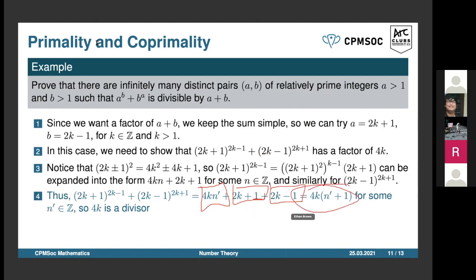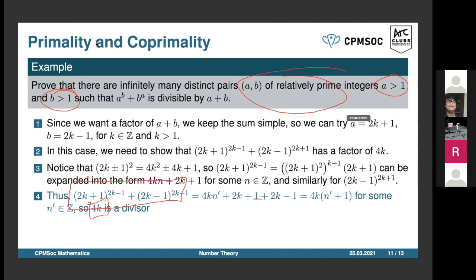And finally, since this works for literally every k, if k is greater than 1, then these two numbers here are definitely greater than 1. So remember the condition up here, a greater than 1, b greater than 1. If k is greater than 1, then we've found a case where this is divisible by this, and we're good to go. The only thing to check then is if they're relatively prime.